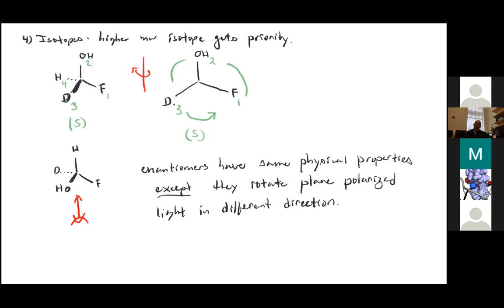Okay. So you're probably sitting there thinking, what the heck is he talking about with plane polarized light? So let me do a quick explanation of what that is. I refer you to figure 6.6 in the text, which is going to give you a much better drawing than what I'm about to show you.